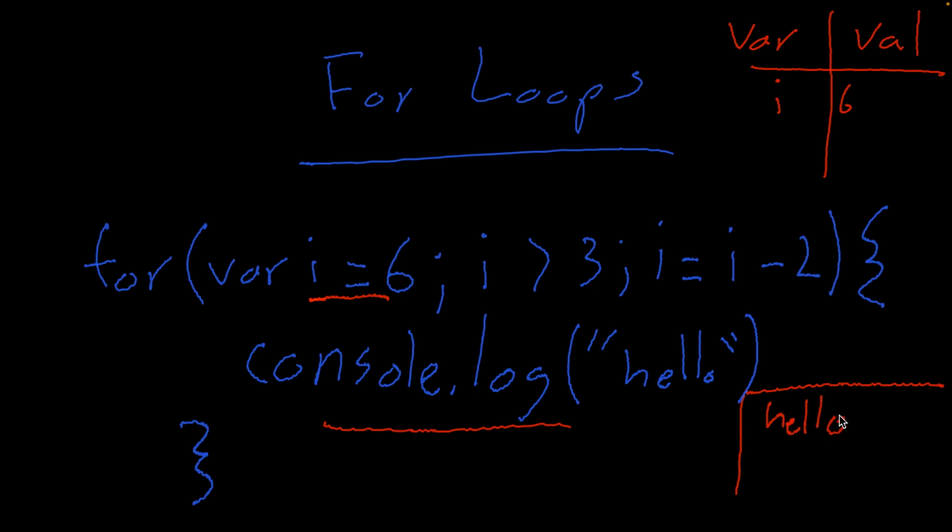We write hello in the console. Now our i turns here, and i equals i minus 2. So i equals 6 minus 2. Okay, so 6 minus 2 is 4. That's our new value for i.